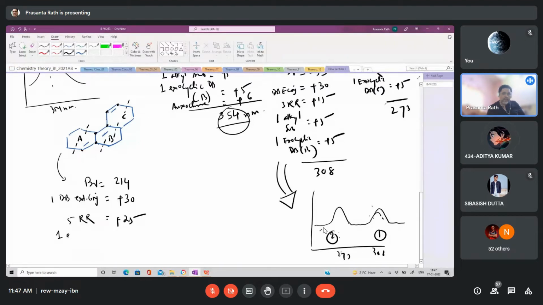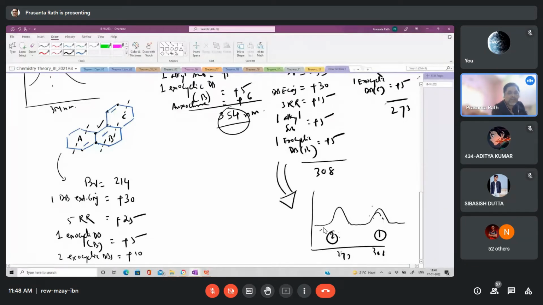Yes sir, one exocyclic double bond with respect to B. See this, this double bond in the middle is exocyclic with respect to A. This is also exocyclic with respect to C. So this is a very interesting example where this exocyclic double bond is exocyclic with respect to two rings. Therefore, it is counted twice. Okay. So two exocyclic double bonds.